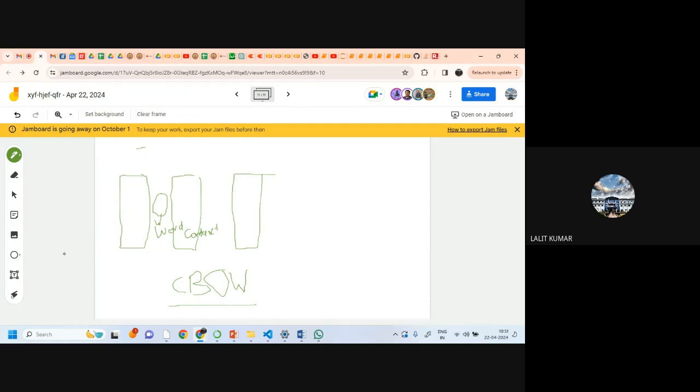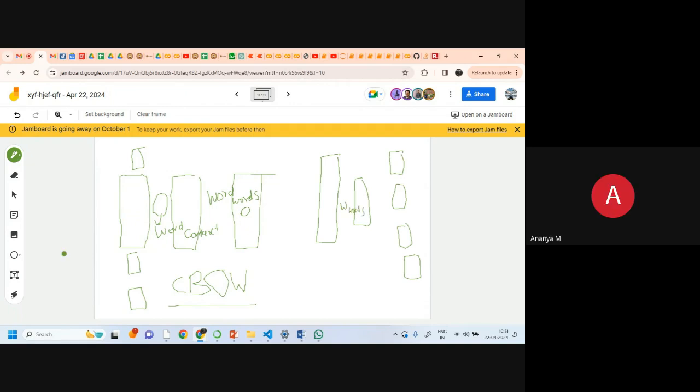And here we give input like 1, 2, 3, 4, and the output is a single word, which is W words. Whereas in skip gram, we feed 1 word, this is a layer, and the output is its context words. So here it is W words. So skip gram is the opposite of CBOW. Yes.